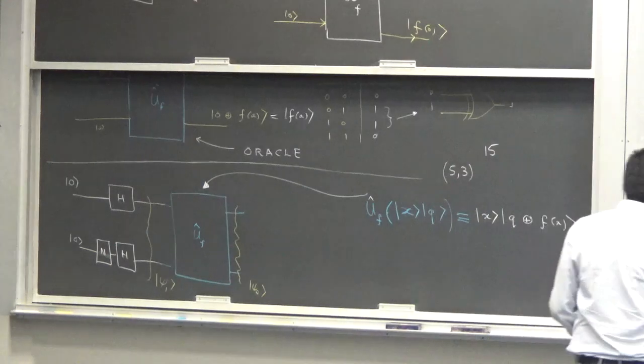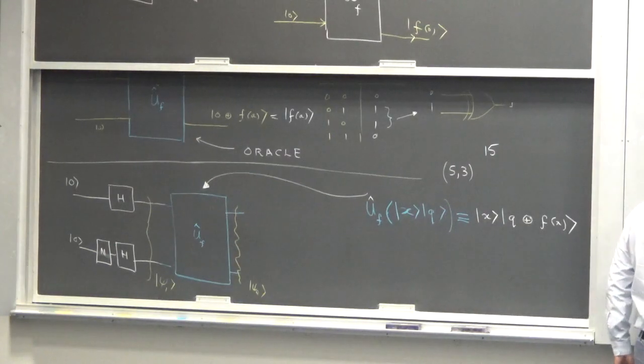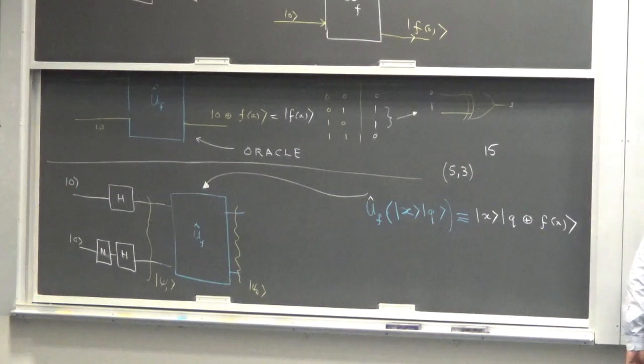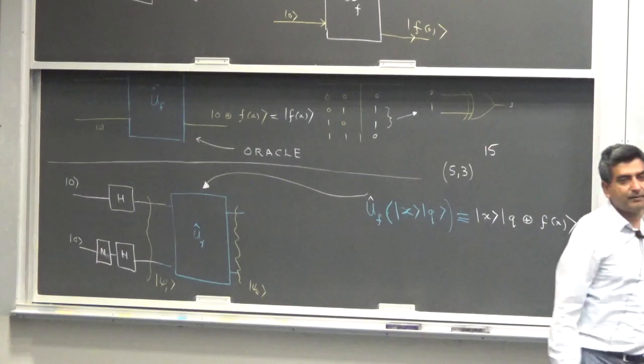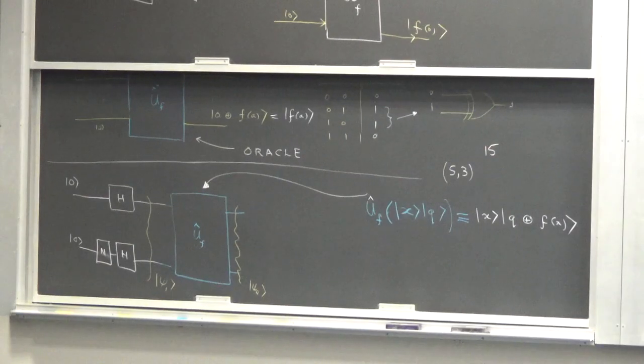So what I would now like to do is get 0, f of 0 minus 1, f of 0, plus get 1.